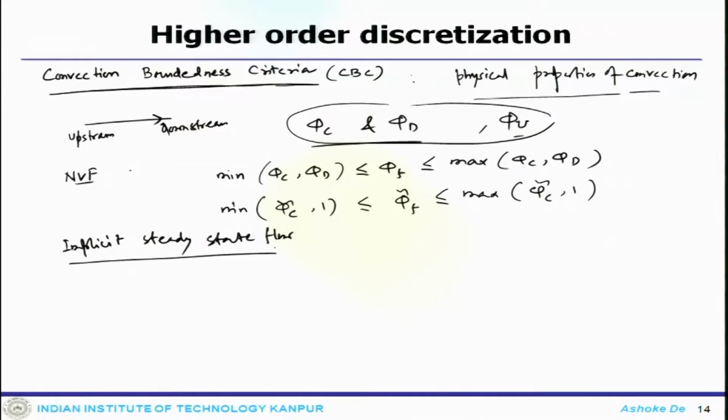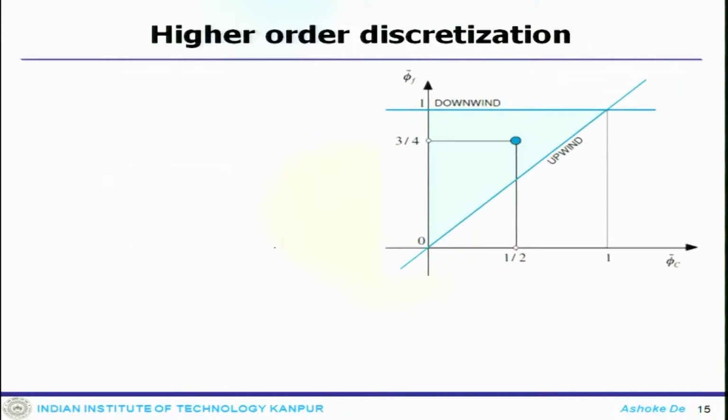Now, also to get this boundedness criteria, we can see in a picture which shows the convection boundedness criteria, CBC, on a normalized variable diagram, which shows the region of phi f tilde.